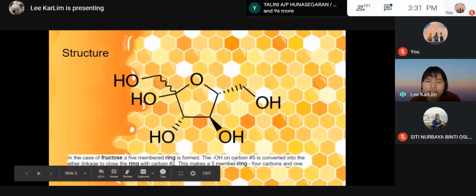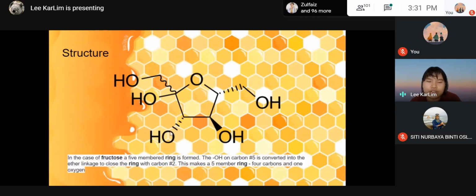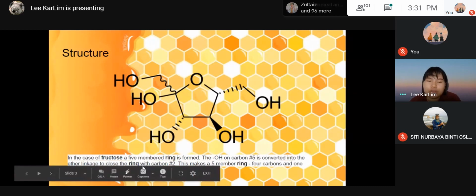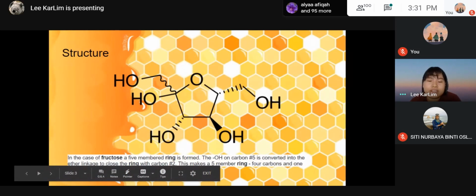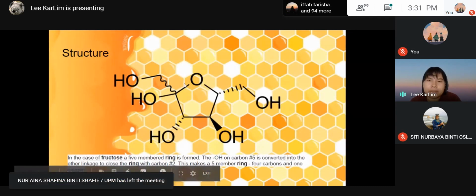The OH on carbon number 5 is converted into an ether linkage, which is very strong, closing the ring with carbon number 2. This makes a 5-member ring, 4 carbon and 1 oxygen, which means it's a penta sugar, pentose.